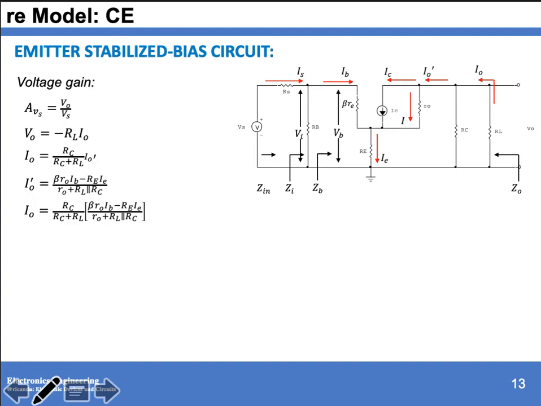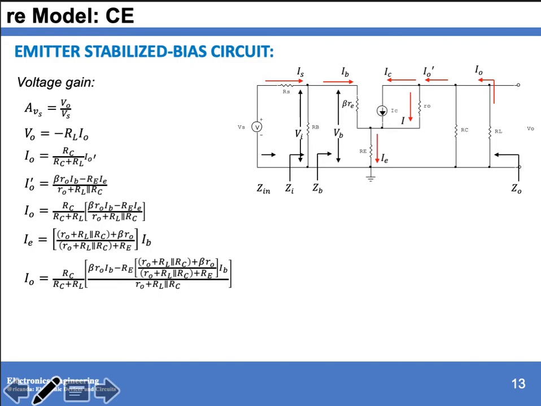So we have now your equation of your IO. It is in terms of IB and IE. Then we have already derived the equation of your IE in the previous slide. You have to substitute that one to your IO equation. Then your IO equation is in terms of IB.